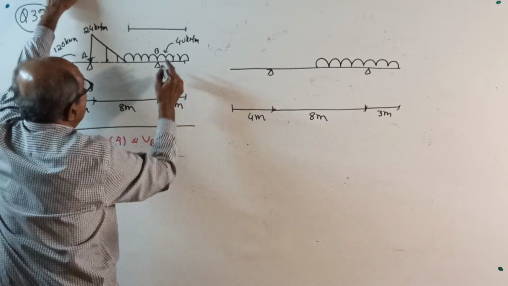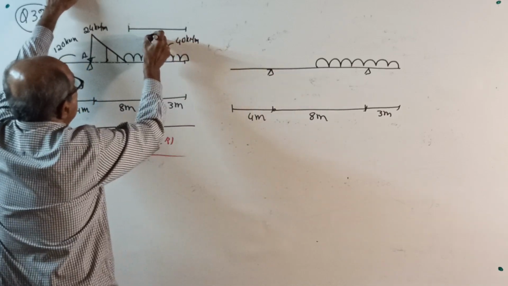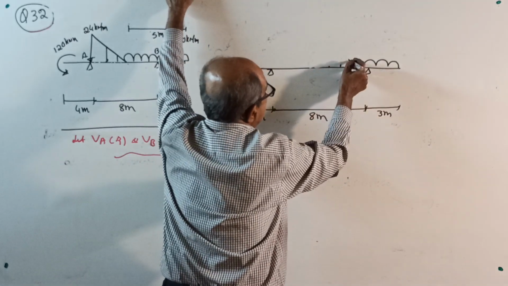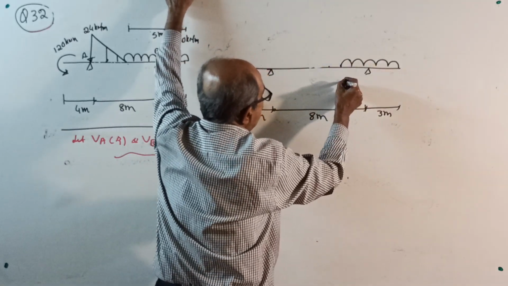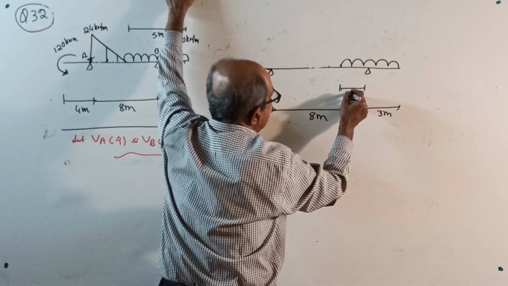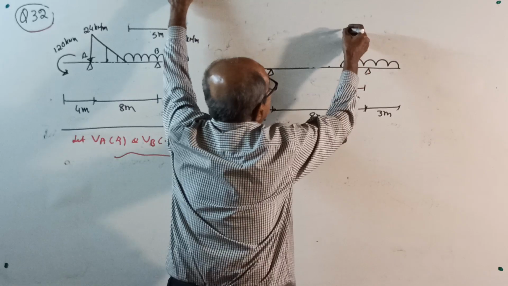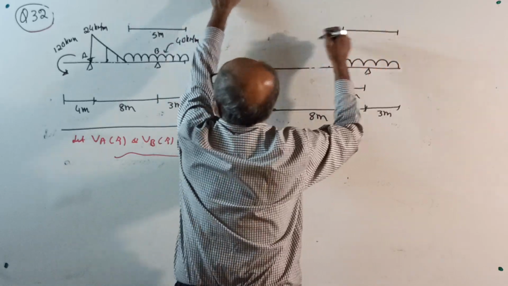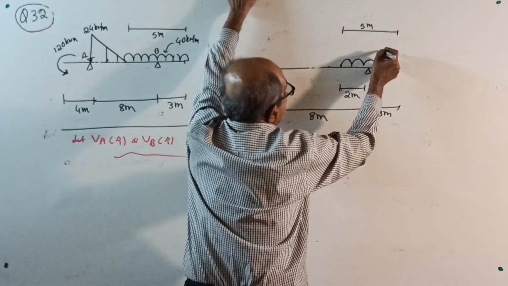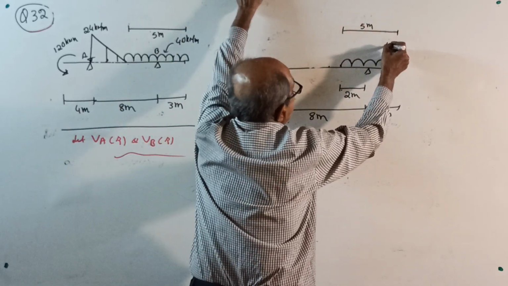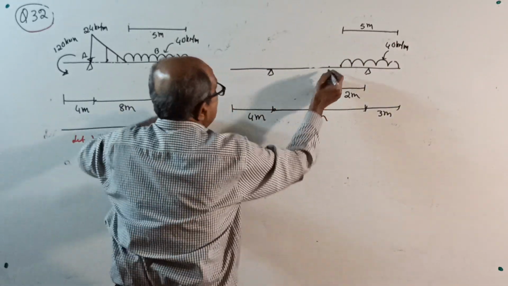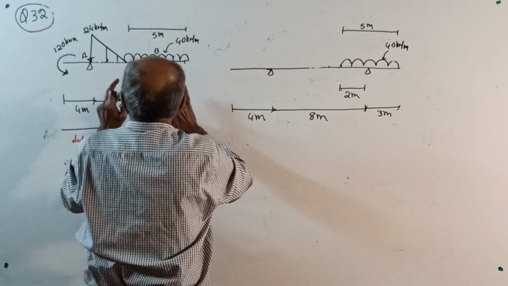This is 3 meter. This is 5 meter only. That means your UDL will come only for what length? The UDL will be only for 2 meter length here. 2 meter length, that is 3. Total is how much? 5 meter. UDL how much? 40 kilonewton per meter. Then from here, not to scale.